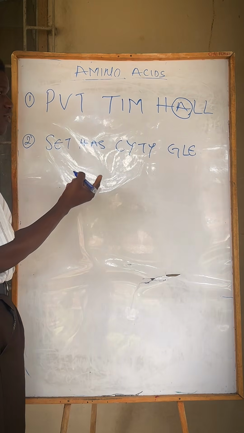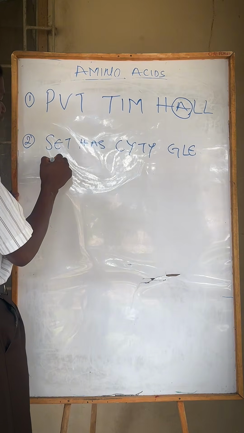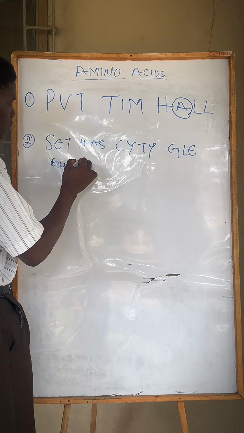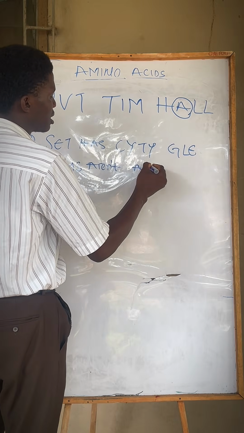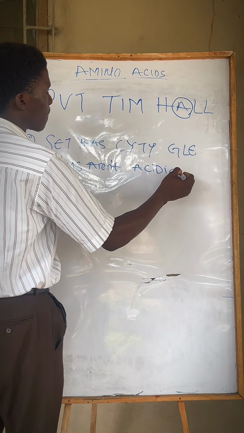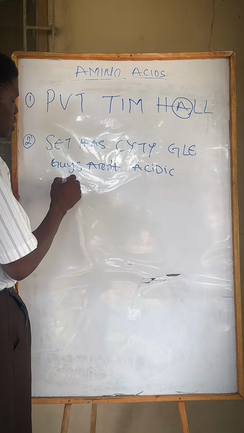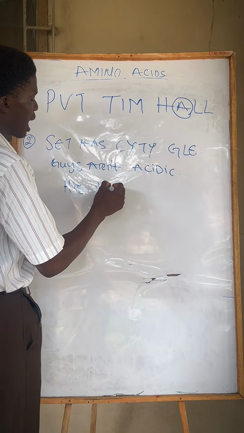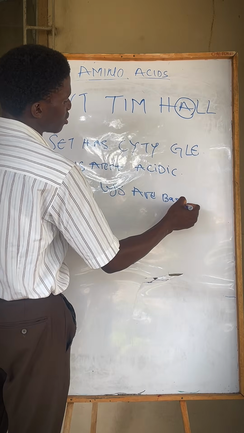Those ones are divided into 2, which are basic and acidic. Then for those that are basic, we have lysine, arginine and histidine.